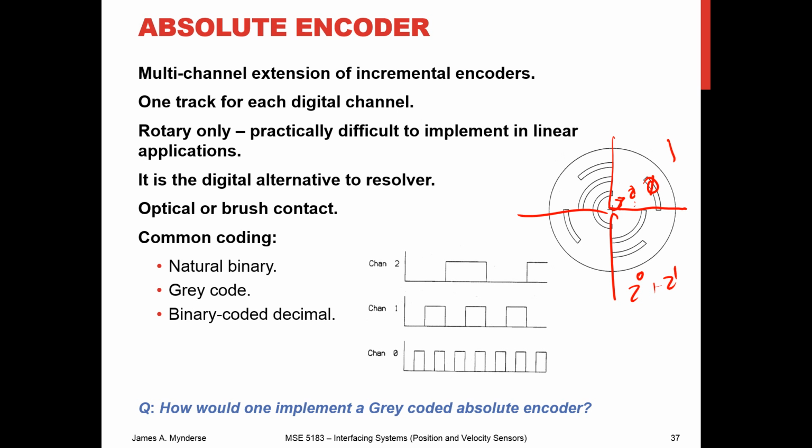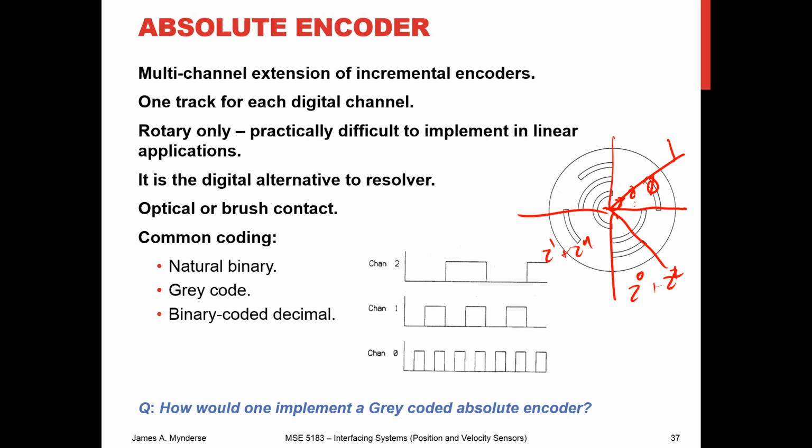This one here is going to be 2 to the 0, 2 to the 2. This one is going to be 2 to the 1 plus 2 to the 4. Anyhow, you could come up with all sorts of different schemes for these, but you can see that we can count exactly where we are in each one of these.